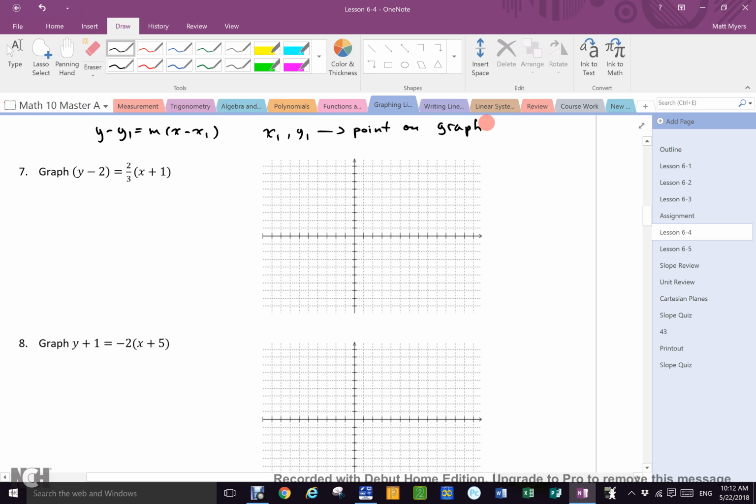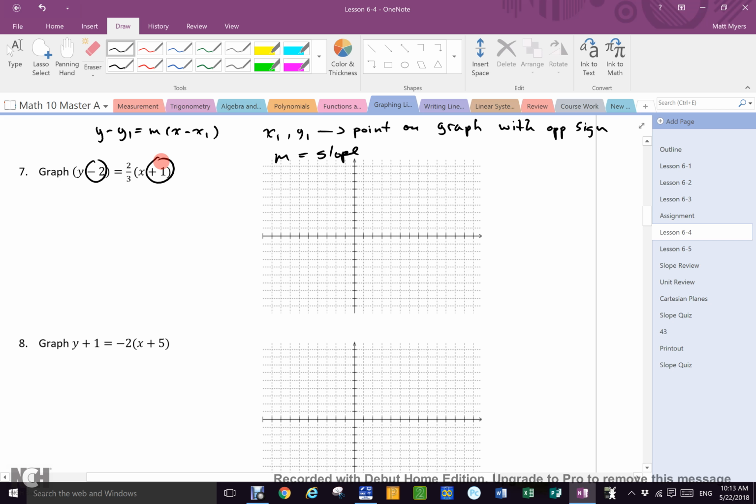Except you have to remember something. Point on the graph with what? What do I have to remember about those signs? With opposite sign. And you know that m equals what? Slope. So, there and there are my starting points, correct?